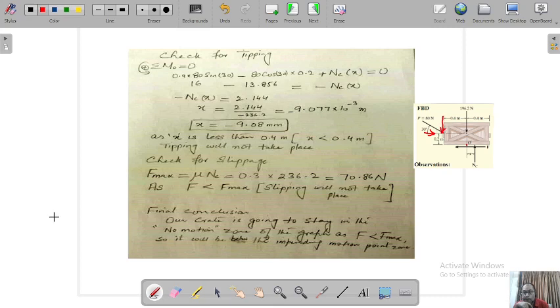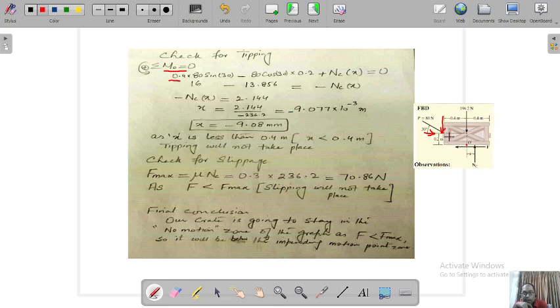The vertical component is 80 sin 30. What is the distance from O? Because we are taking the moment summation at O, the value will be 80 sin 30 and the perpendicular distance calculated is 0.4 from the origin.